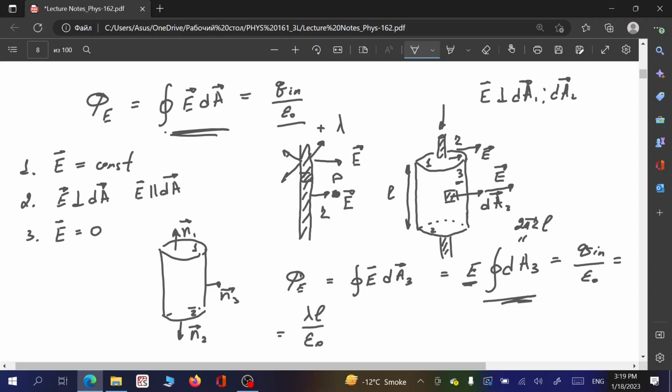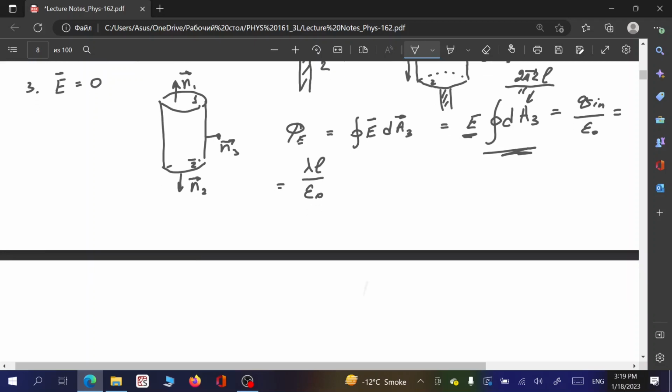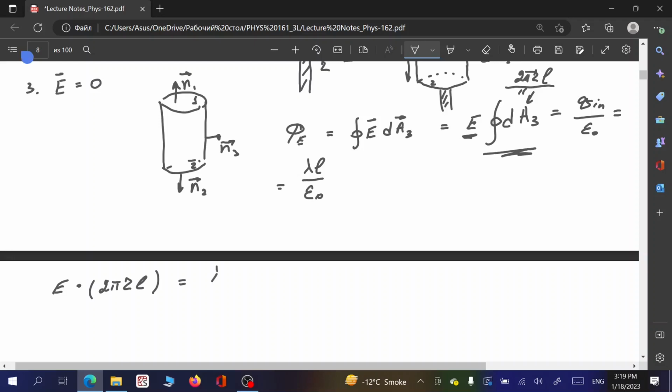So let us substitute this here and write it again. It will be electric field times the side area of the cylinder, 2 pi times r L, and that is equal to lambda times L divided by epsilon naught.